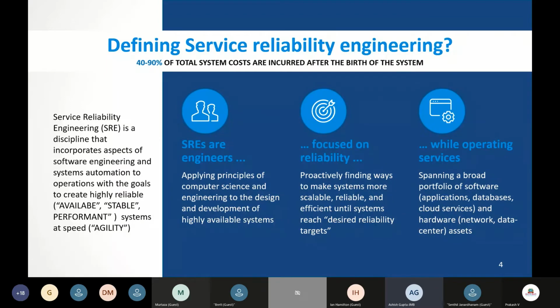But once it comes into production, because you had a very limited engineering mindset back in the days of system admin, the run cost was exorbitantly high, and uncontrolled would be the right way to mention it. So that was also one of the reasons why site reliability engineering was formed.